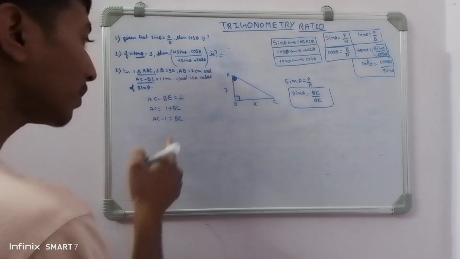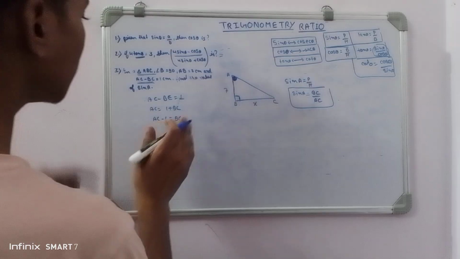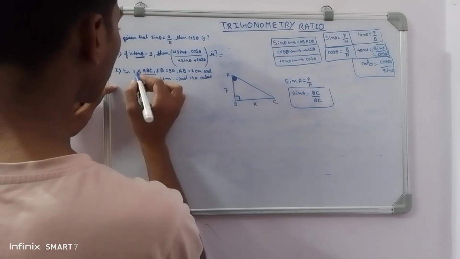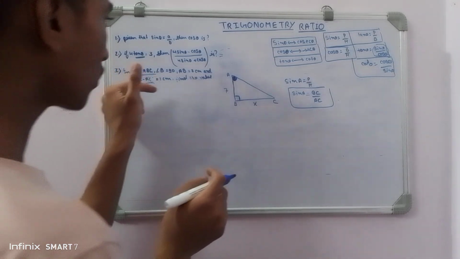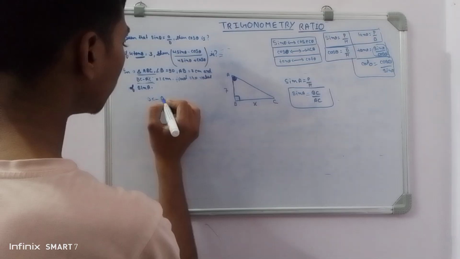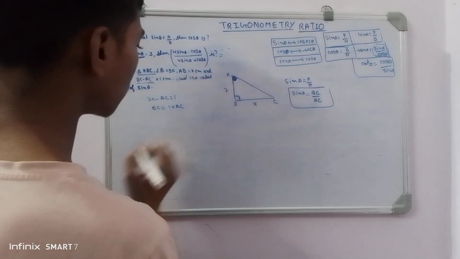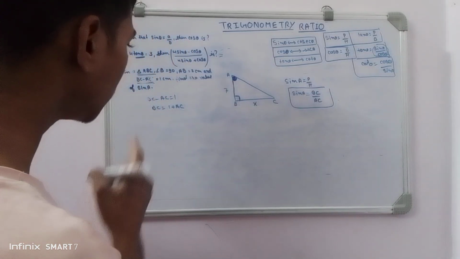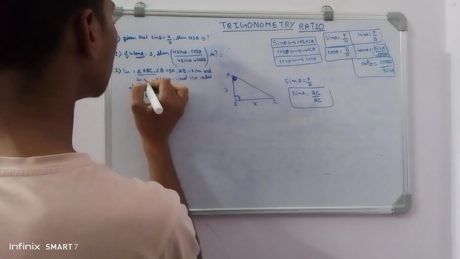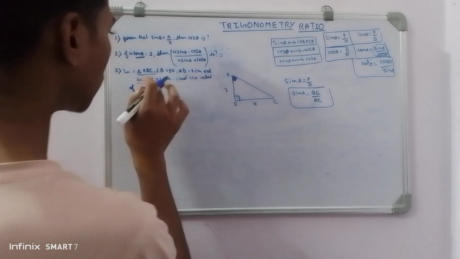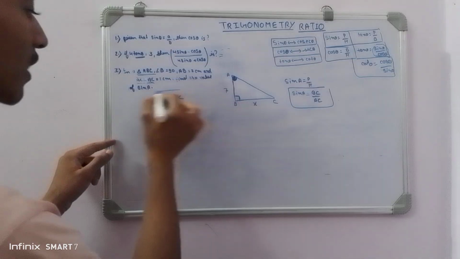I think here it is given that BC minus AC is 1, but that is the wrong thing. The right thing is that AC minus BC is equal to 1, so we get that AC is equal to 1 plus BC, and now this is the right relation. I was getting confused.